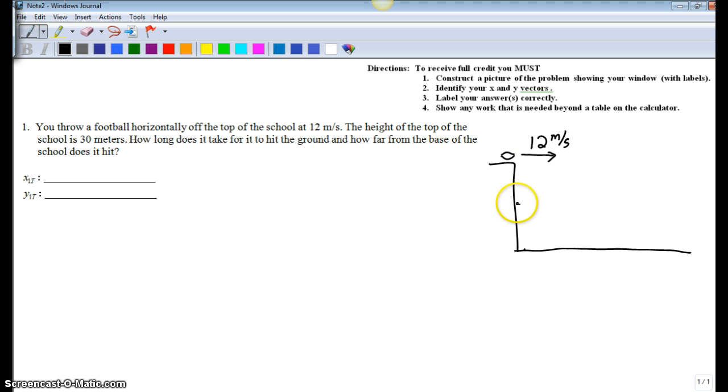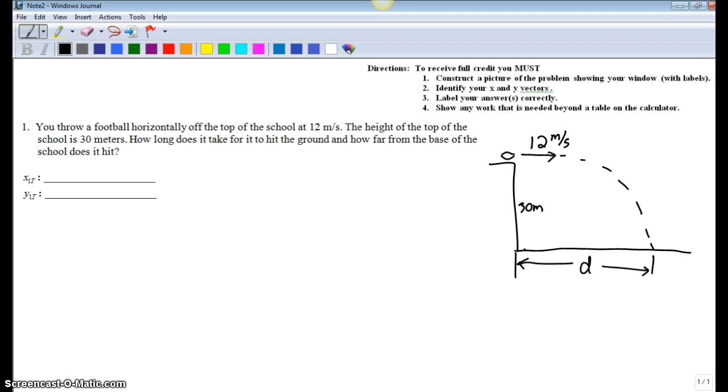This here is 30 meters high. This here we'll label D for distance. And I'm not going to worry about labeling time here. So, constructed the picture, showing the window.